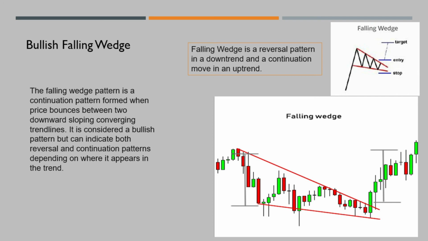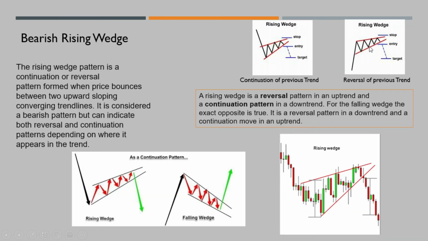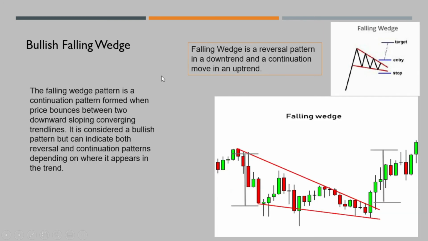If the wedge is facing down in an uptrend, it's more likely going to break out to the upside. If it's an uptrend and it's a rising wedge, price is more likely to break out to the downside. If it's a downtrend and it's a rising wedge, price is going to break out to the downside, right? Because that's a continuation. So these are two major patterns that I would study over and over.